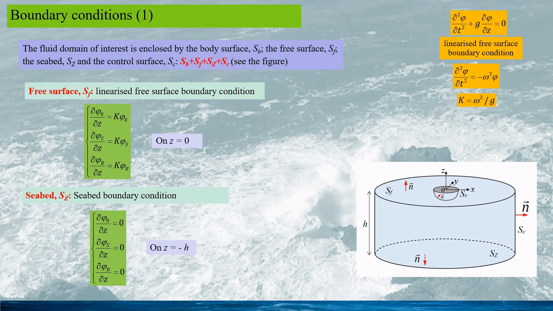The seabed condition on SZ is very simple as this, at Z equaling minus H in a water depth H. Basically, these conditions are the no penetration boundary conditions, meaning that the fluid cannot penetrate the seabed into the soil of the seabed.